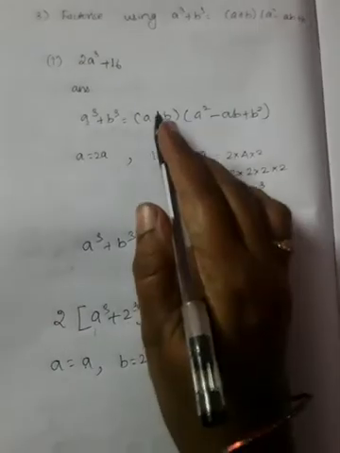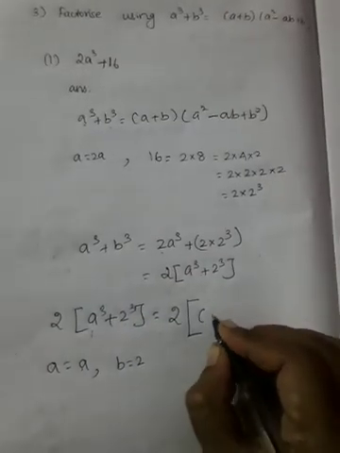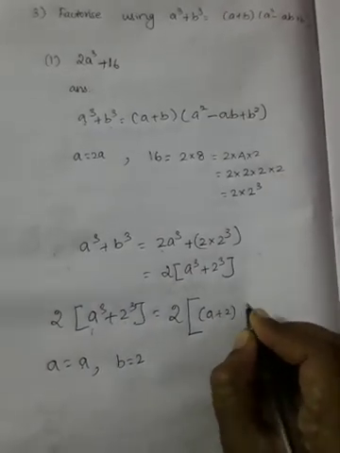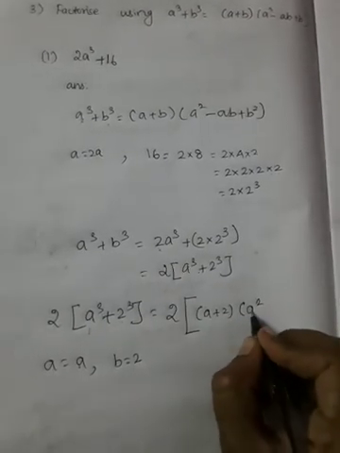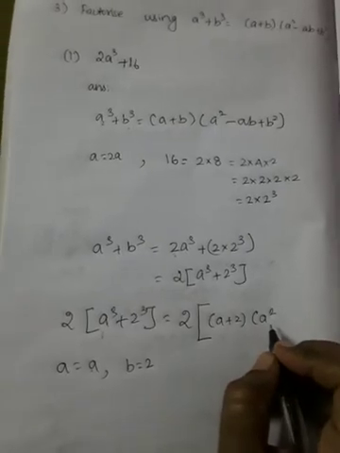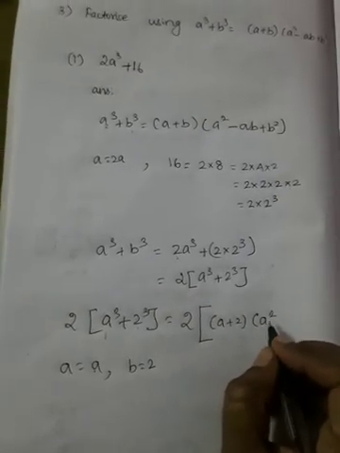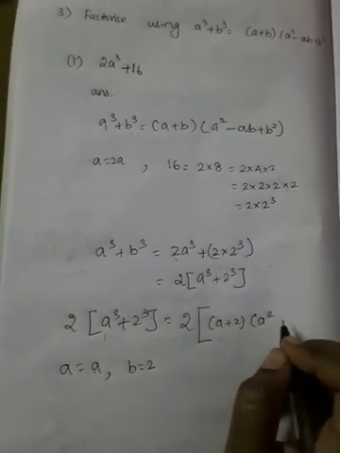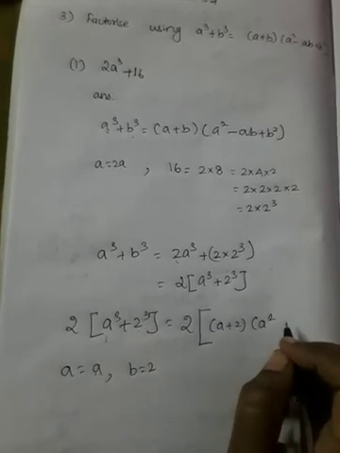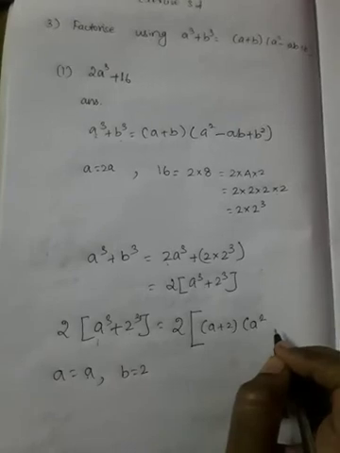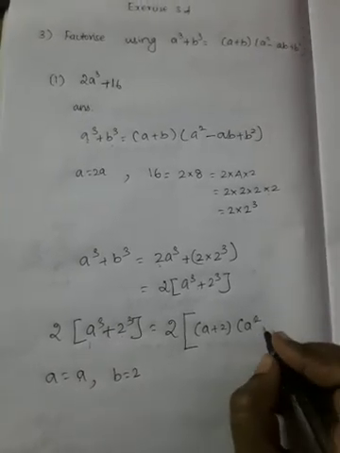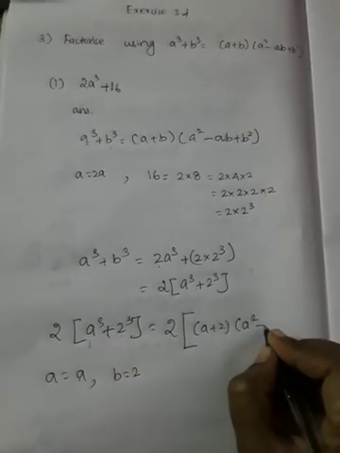Now simply substitute in this formula, that's all. So a plus 2 into a square, in the place of a only, so a square. If suppose b is there in the place of a, you just write b square. If r is there, you write r square. If 8a is there, you write 8a square. That's all, very easy. Okay, after that a square minus ab.